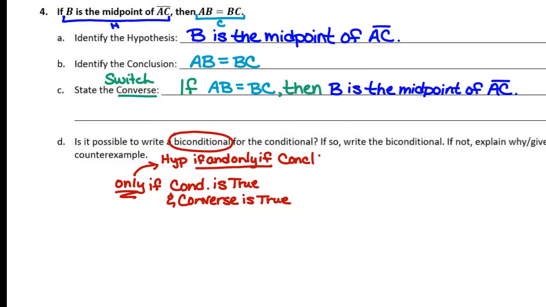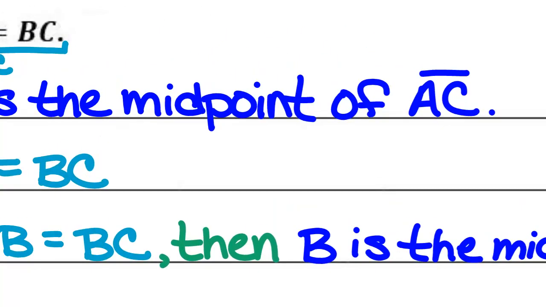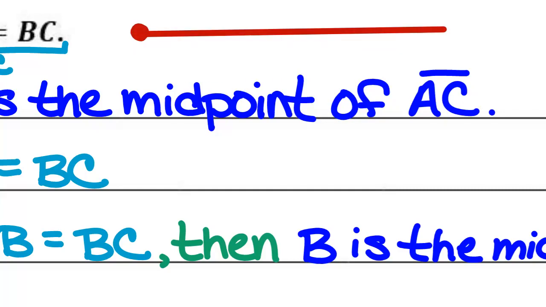So it didn't explicitly say we needed to find the truth value of both our conditional and the converse, but we need to. So let's go up and evaluate our original conditional. The original conditional says if B is the midpoint of segment AC, so I'm going to draw this segment here.